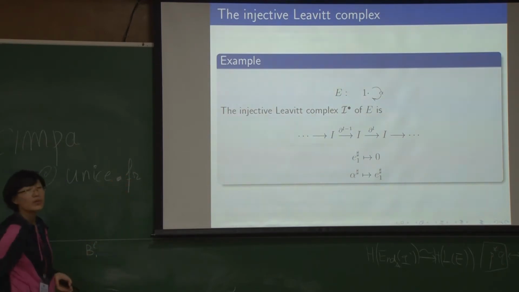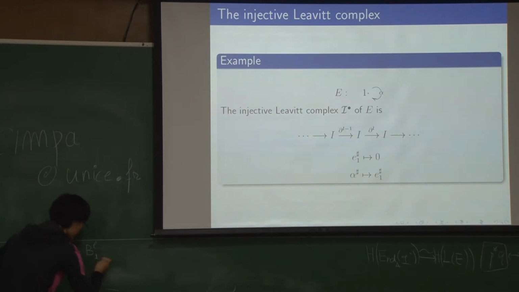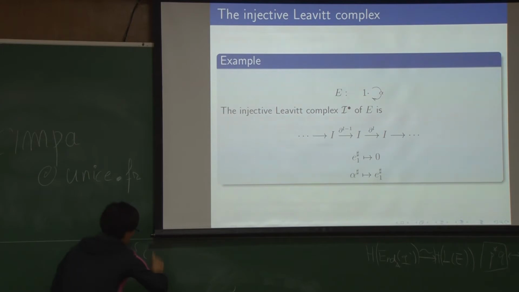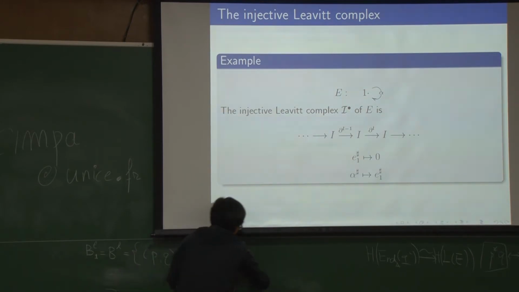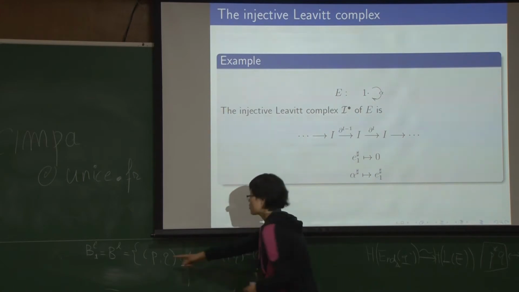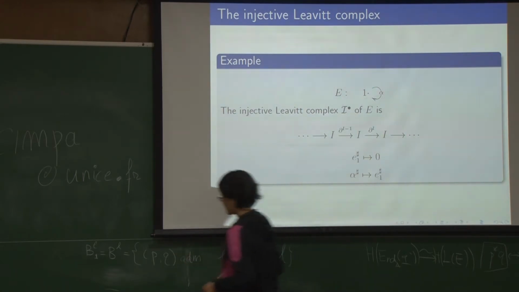Here we only have one vertex, so B_L^1 we just denote as B_L. It consists of those admissible pairs (P, Q) such that the length of Q minus the length of P is L, and the source of Q, of course, is 1 because we only have one vertex.